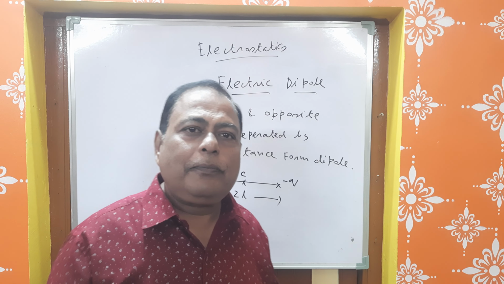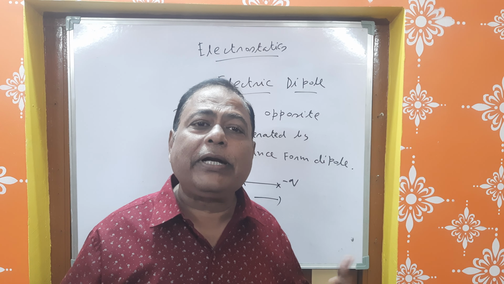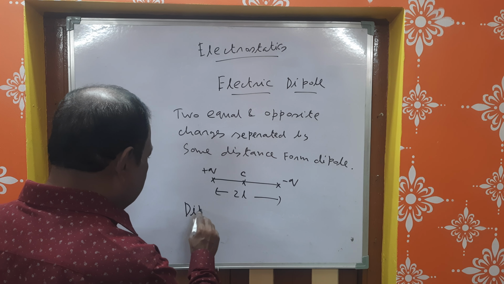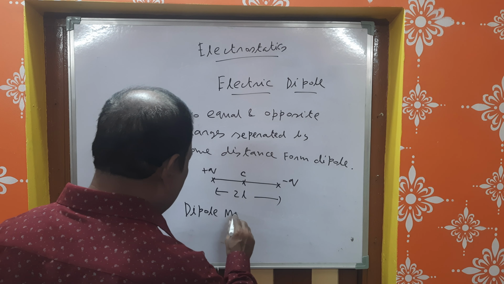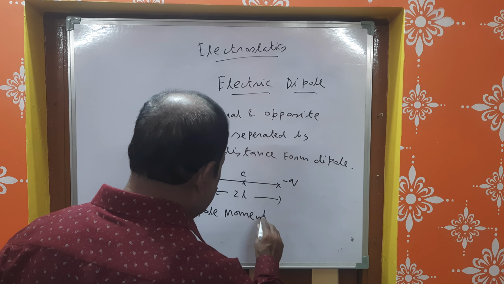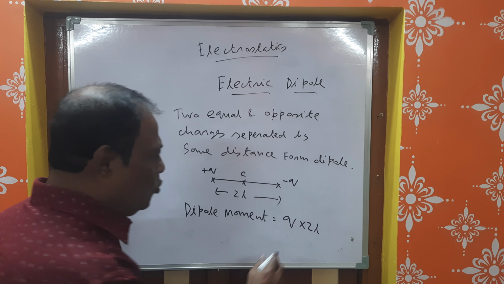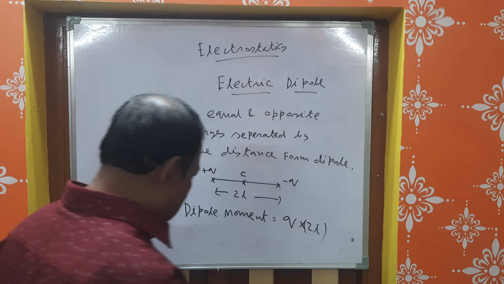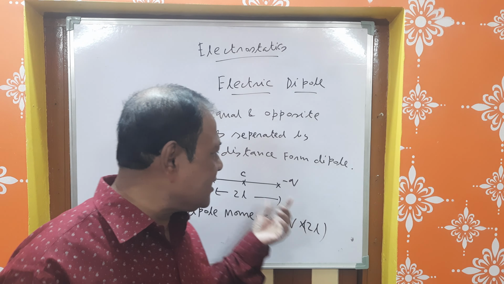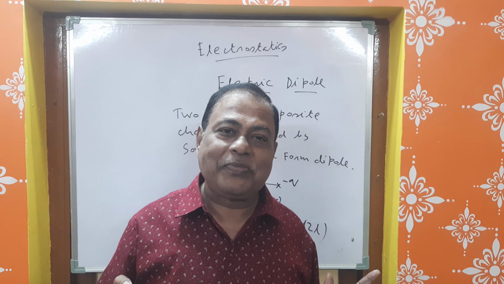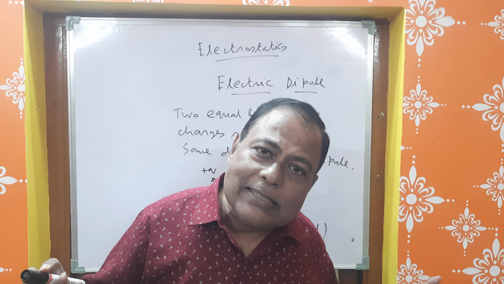We will define a term called dipole moment. Dipole moment means charge into 2l. 2l means the distance between the two charges. I have considered the distance between two charges as 2l, not l, only for mathematical simplicity.